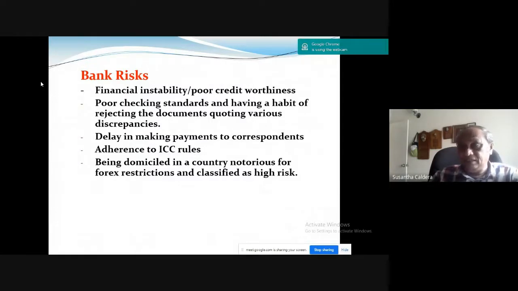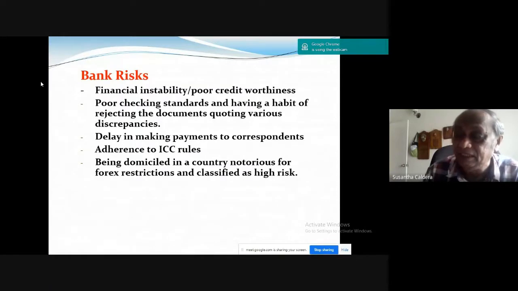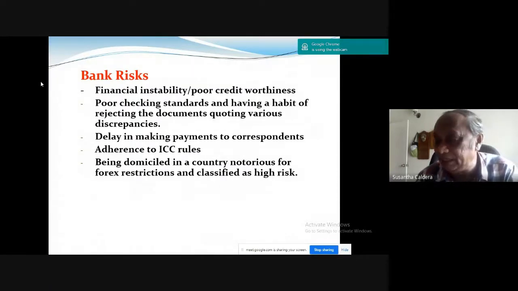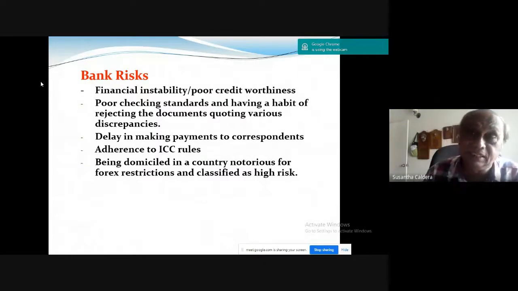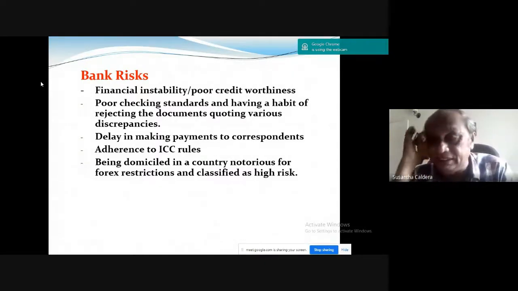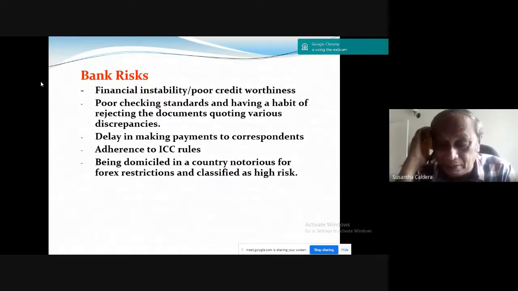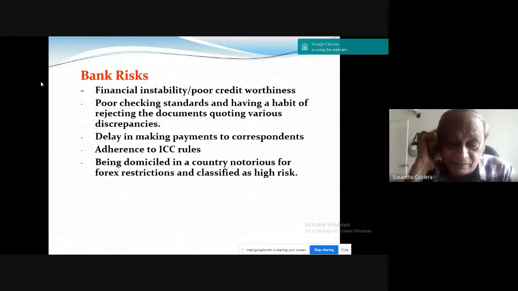Right? What are some countries? Notorious countries: the Central African countries, the Eastern and Western African countries, then Caribbean islands. These are even dangerous banks. So you have to be careful.